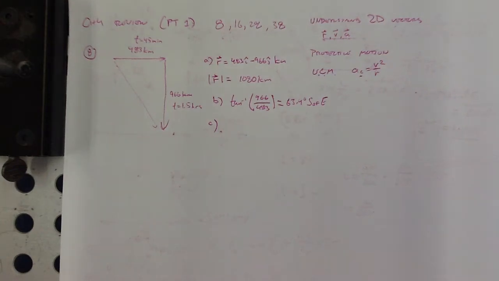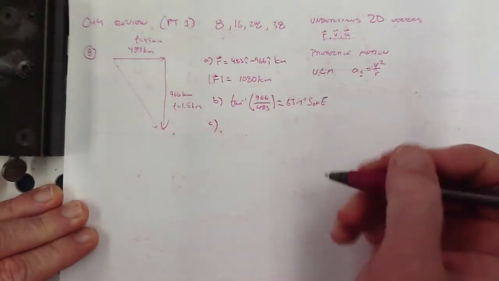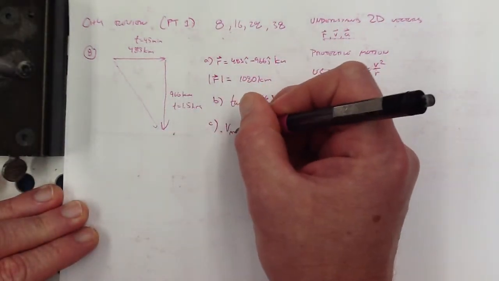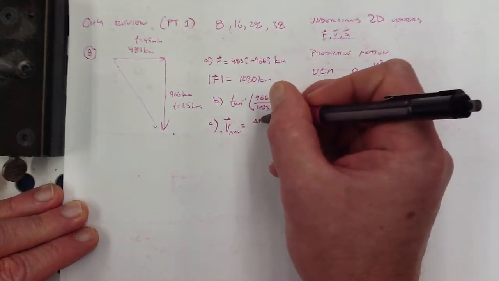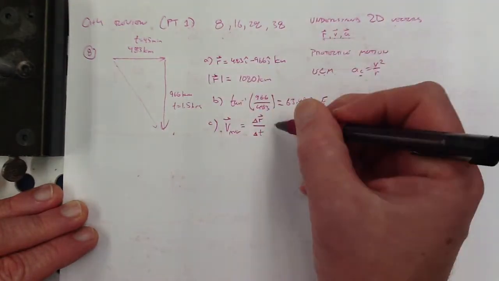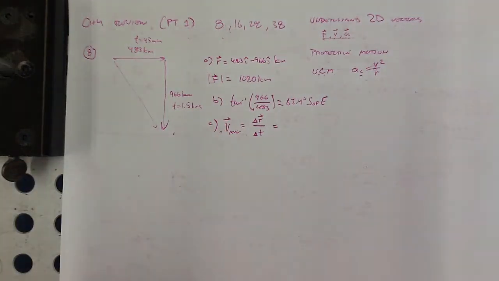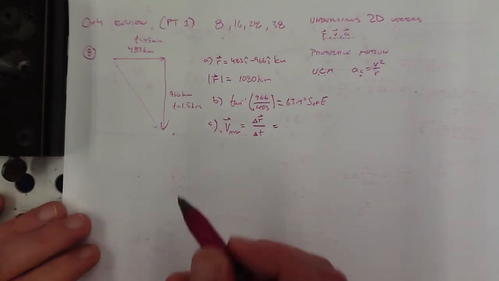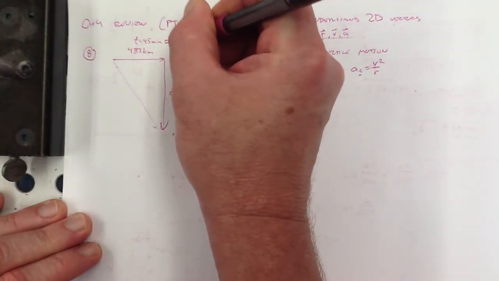Part C and D is the magnitude and direction of the average velocity. Well, average velocity is displacement over time, and I've got the displacement vector right there, so I just have to divide that by the time. And I suppose we want to do it in kilometers per hour, so this is 3/4 of an hour plus 1.5 hours.